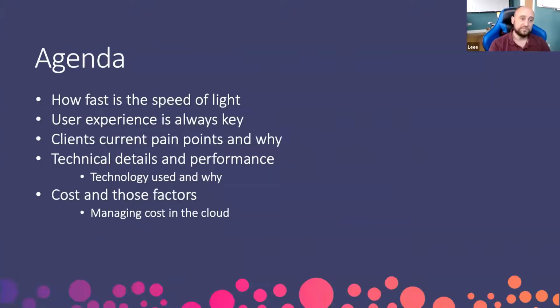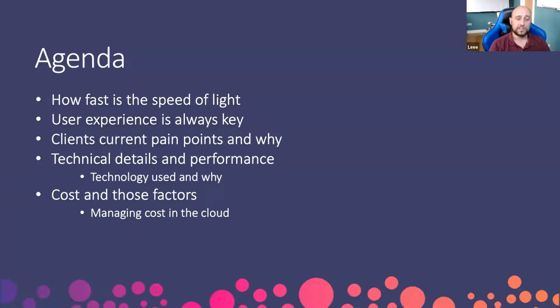So, we're going to talk about how fast the speed of light is in this presentation today. It's a little bit of a different type of speed of light in this particular respect, but we're going to dig into that. A big focus on user experience and really understanding exactly how that may impact productivity and employee satisfaction.